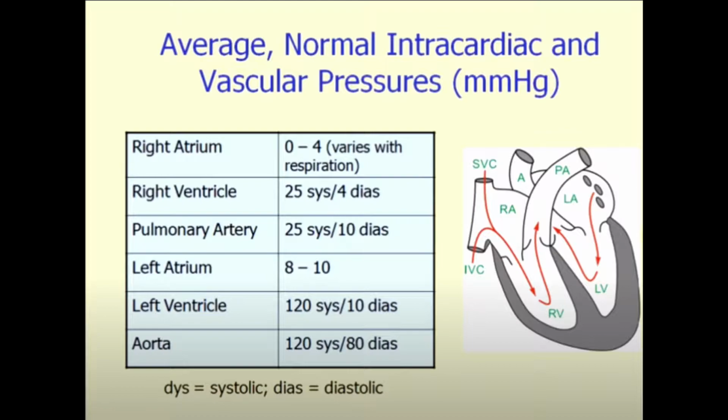The pulmonary artery typically measures around 25 millimeters of mercury systolic over 10 diastolic, while the left atrial is 8 to 10. The left ventricular measures at 120 millimeters of mercury systolic over 10 millimeters of mercury diastolic, while the aortic pressures measure at 120 millimeters of mercury systolic over 80 millimeters of mercury diastolic.